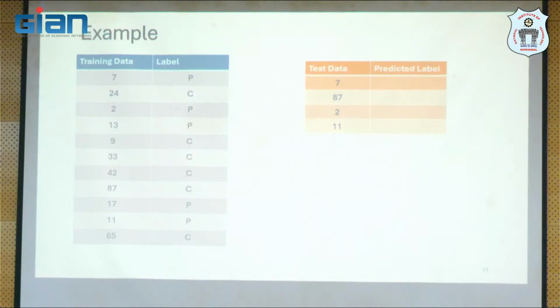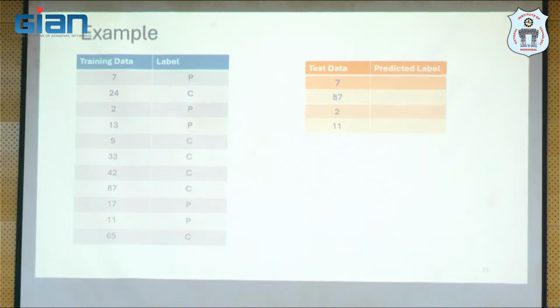What is really happening is this test point is actually not a test point. In theory it is, but in practice it is not. If you really look at this, the test point exactly matches one of the data points of the training data set.